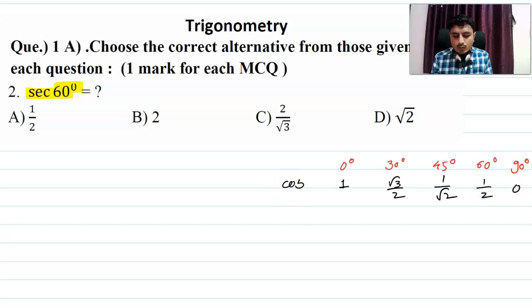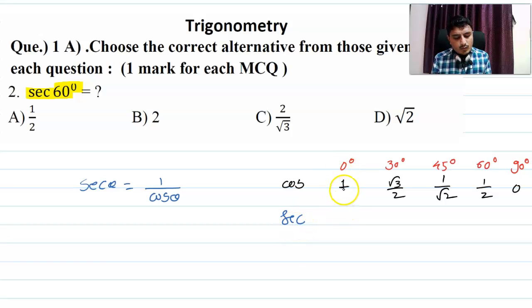Now we are evaluating the value of secant, sec theta equals 1 upon cos theta. So let's take the reciprocal of the respective cosine values at 0 degree, 30 degree, 45, 60 and 90 degree, so that we get the secant values.